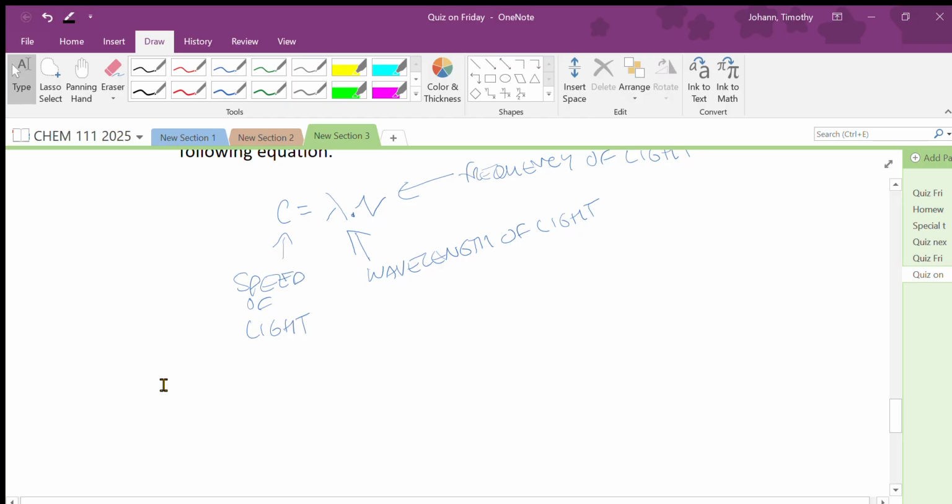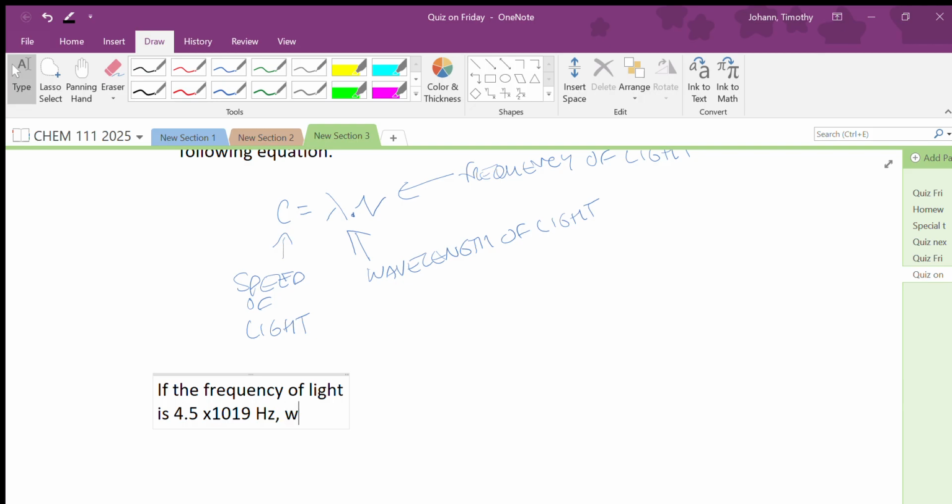So I could use this, let's say, if the frequency of light is 4.5 times 10 to the 19th hertz. What is its wavelength in meters?